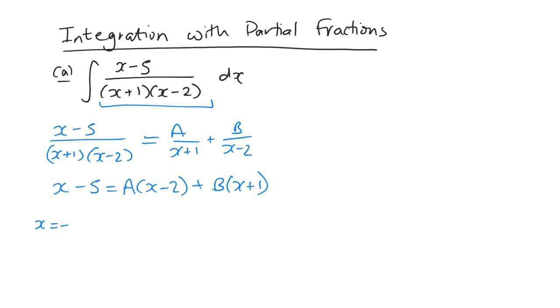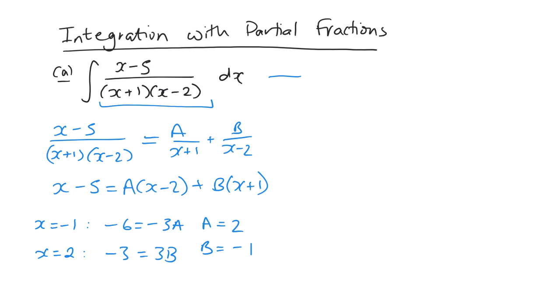Let x equal minus 1, and we're going to get minus 6 equals minus 3a. So a is 2. And let x equal 2, and we will get minus 3 equals 3b. So b is minus 1.